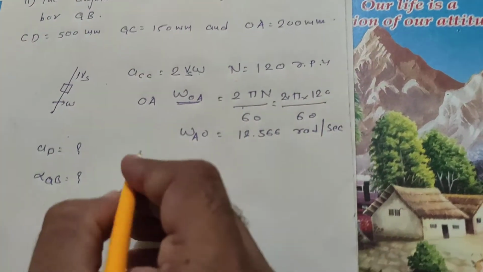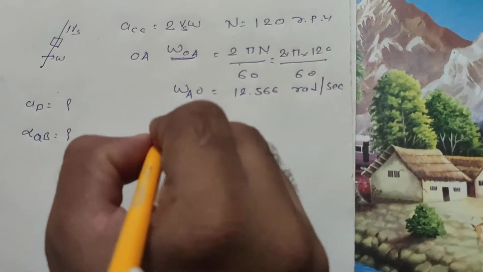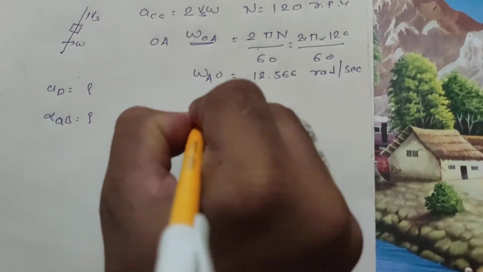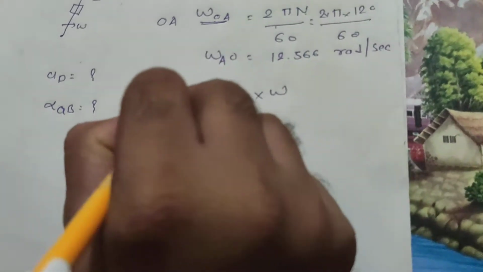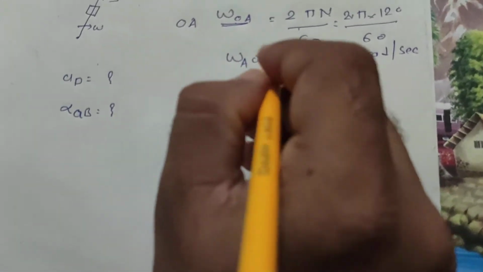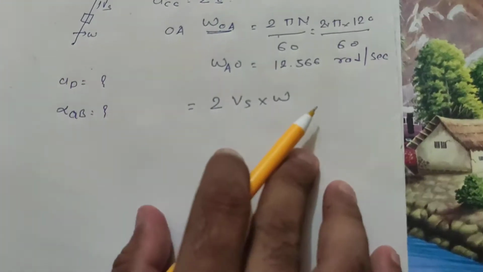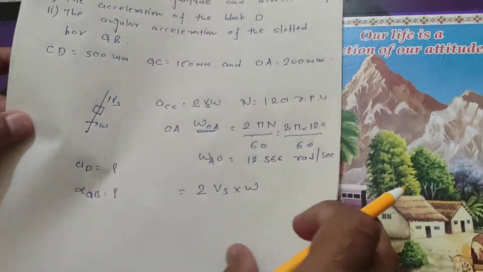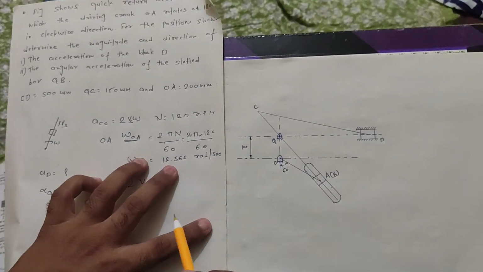From the data we can easily say that there may be a sliding velocity, 2Vs into omega, that we also have to calculate as and when required. So from the figure we have to draw this diagram.